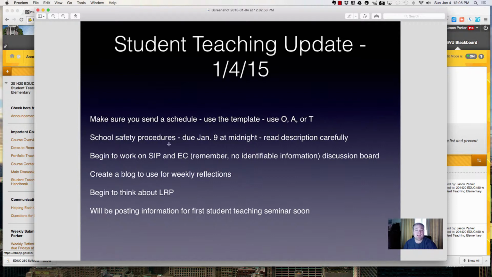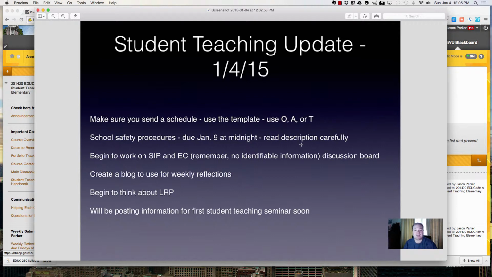There is a school safety discussion board that is due January 9th at midnight, and yes, that is this upcoming Friday. We are making you do school safety information very quickly into your student teaching experience because that is paramount and that is your number one goal every day, to keep your students safe and maintain a safe environment.